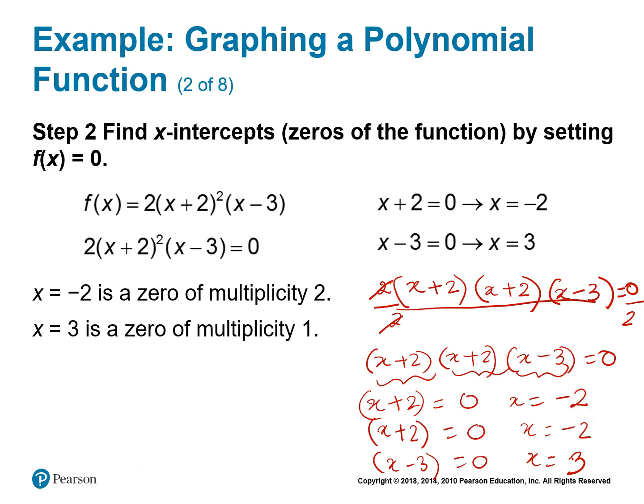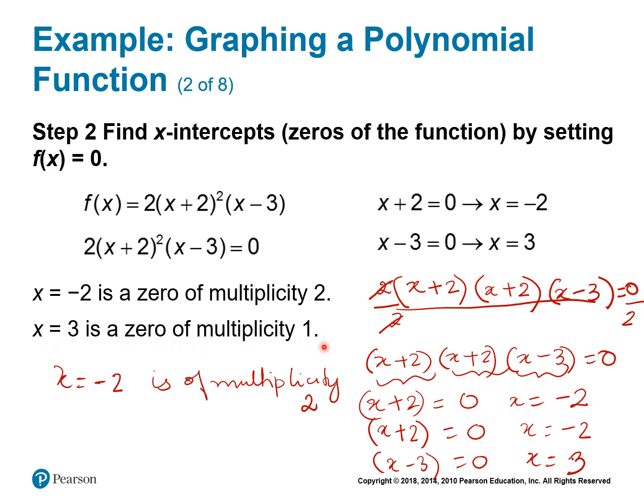So x equals minus 2 is of multiplicity 2, right? And x equals 3 is of multiplicity 1, right? It occurs only once. So here we go. X equals negative 2 is a 0 of multiplicity 2, and x equals 3 is a 0 of multiplicity 1.